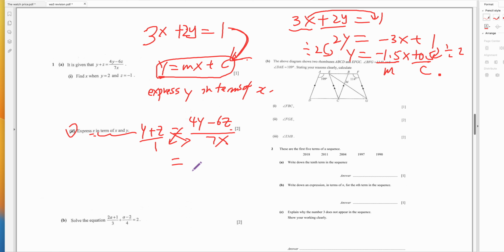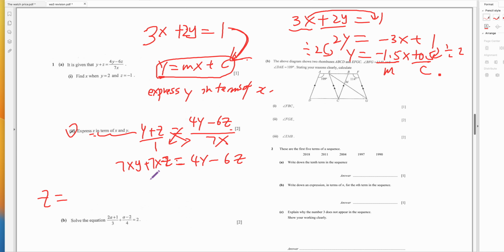So if you have done it correctly, you should get 4xy plus 4xz. Then this one will be, I'm sorry, I got 7xz. This one? I got 7x. Then this one will be 4y minus 6z. Okay? So your objective is z equal, right?